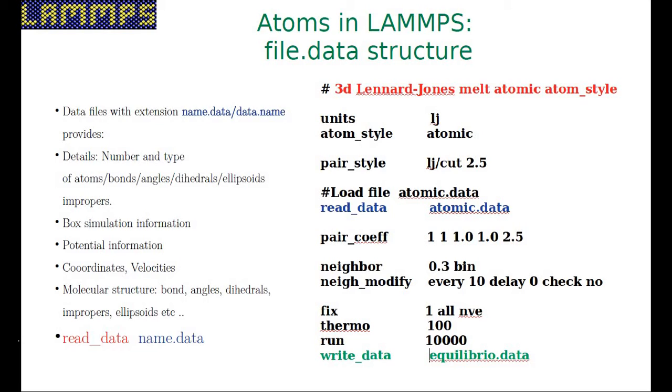Okay, so atoms in LAMMPS. In order to carry out a molecular dynamic simulation, an initial configuration is required. This initial configuration can be created by using LAMMPS instructions, but also can be read by using a data file. This data file has a certain structure. Let's see.